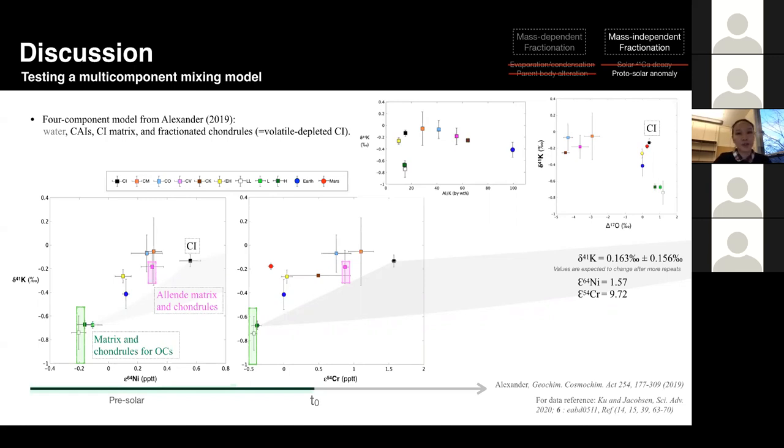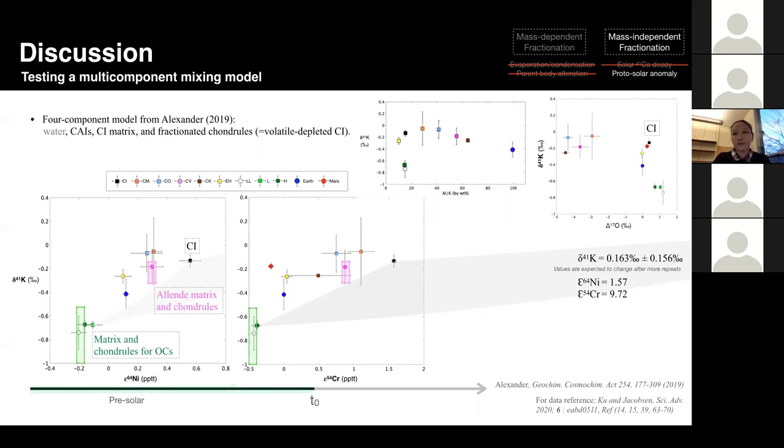If you look at the right-hand side figure, we also plot potassium with big delta oxygen 17 isotope. You can see that the end member in the potassium nickel and potassium chromium figure are different from the potassium oxygen figure.